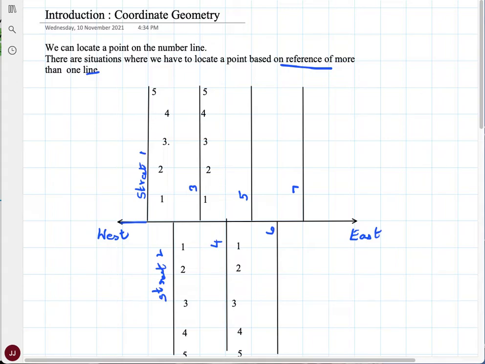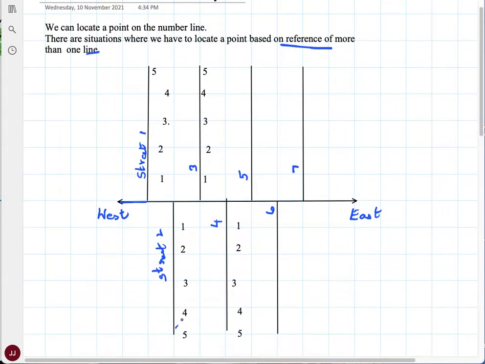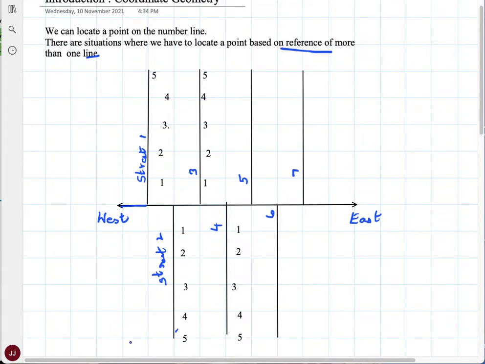Okay, suppose we want second street, house number 5. So we'll identify the second street, and this is the house. I have marked it as position H. Right. So we need both pieces of information, the street number as well as the house number.